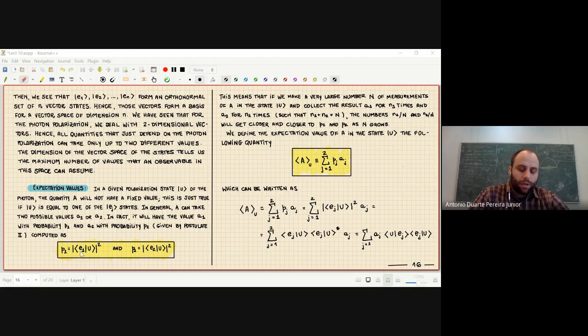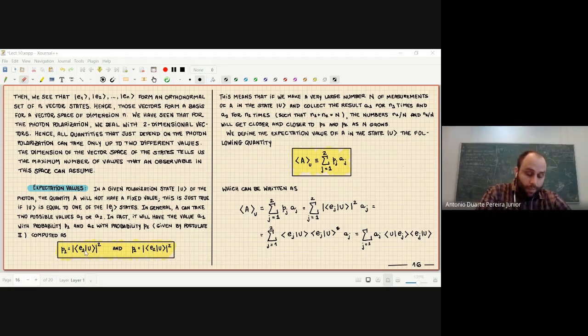You see why I chose E1, because E1 is the state that gives to me the value A1, okay? So if I want to compute the probability of getting the value A1, I take the state vector, so the state U, and I multiply it by the bra associated with the outcome A1, which is E1.